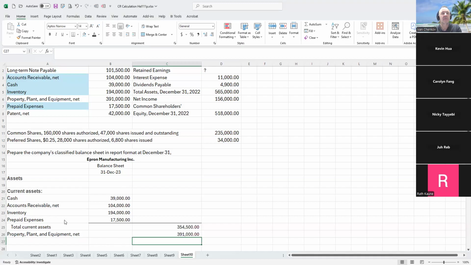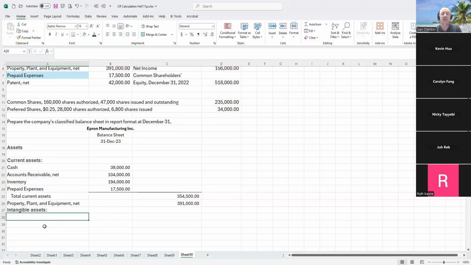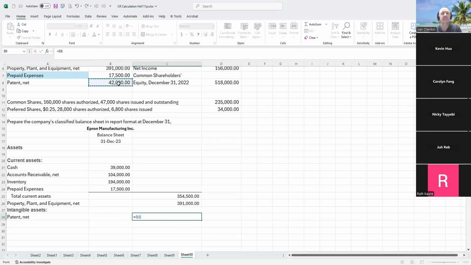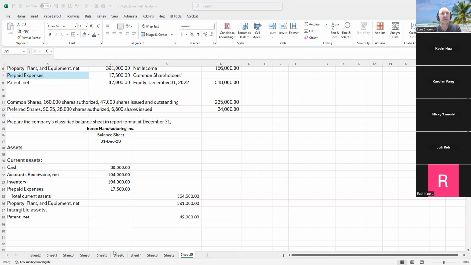The next thing you're going to be asked to do is something like this, which will be intangible assets. For intangible assets, we have only one option, patent net, and that's going to go directly right here as well. And then you're going to have total assets.